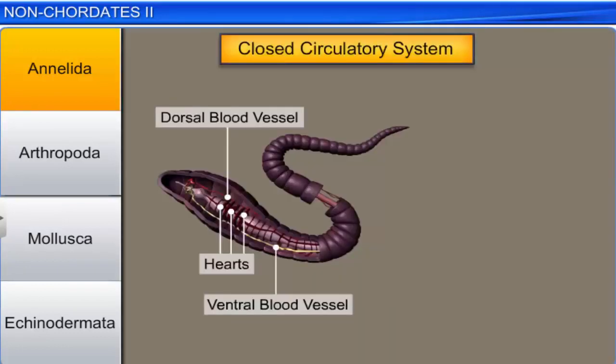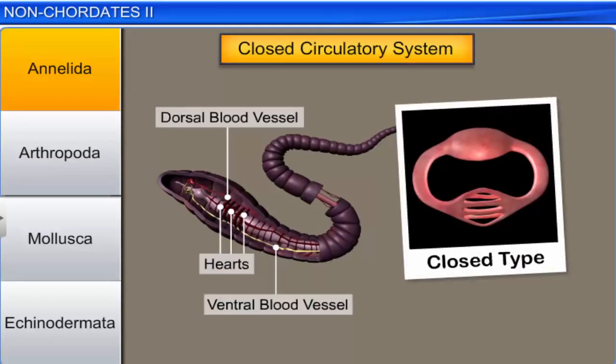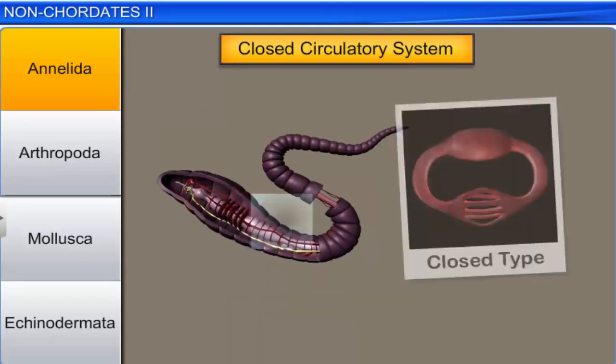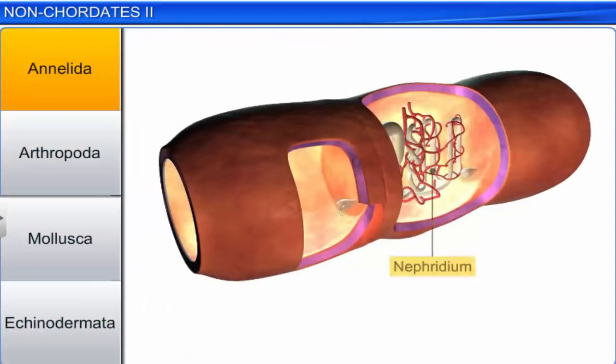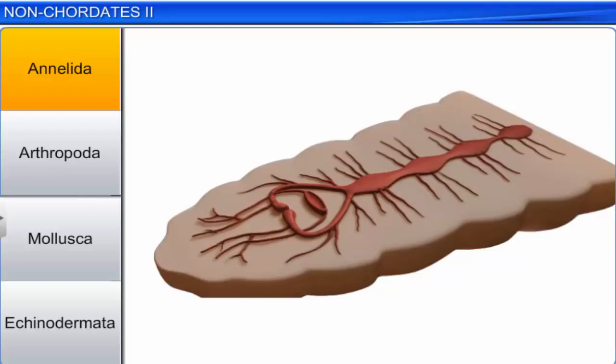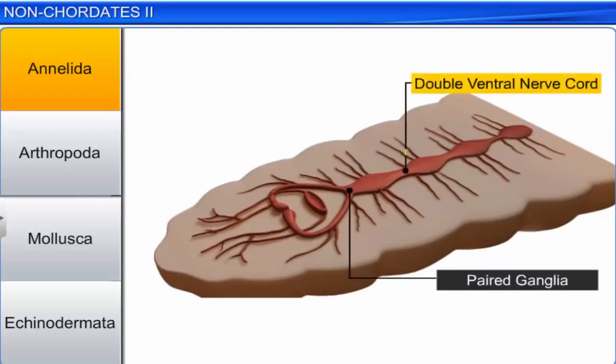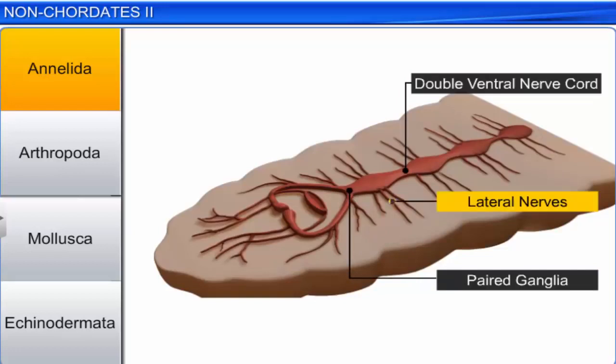In annelids, the circulatory system is of closed type and has nephridia that help in osmoregulation and excretion. Each nephridium is a complex organ. The nervous system consists of paired ganglia that are connected to a double ventral nerve cord by lateral nerves.